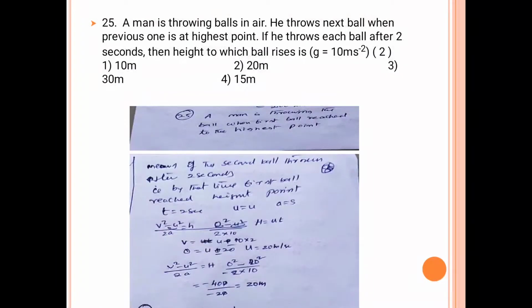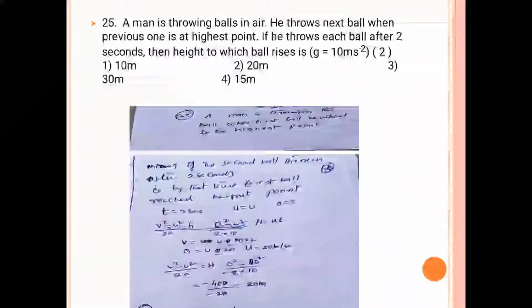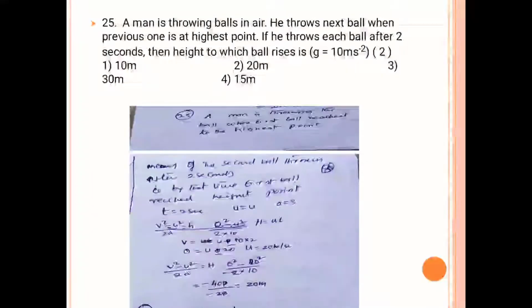Then using the same formula, h is equal to v square minus u square by 2a. Then v is equal to 0, v is equal to u minus at, it has taken 2 seconds to reach the highest point.